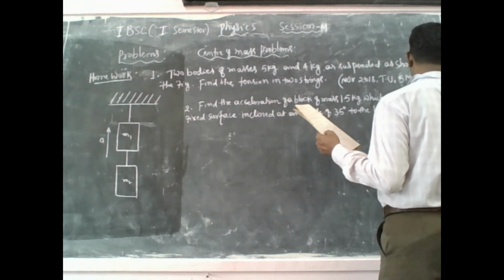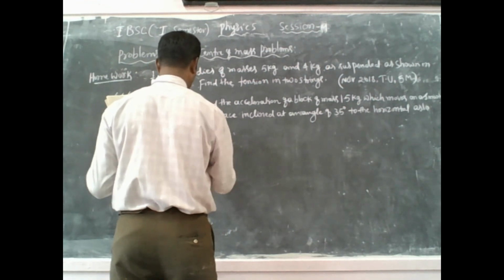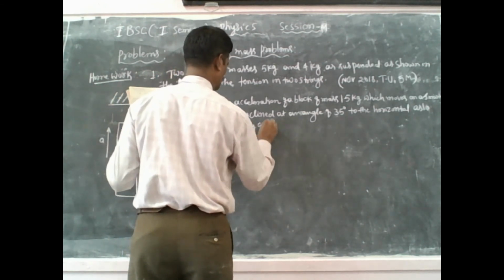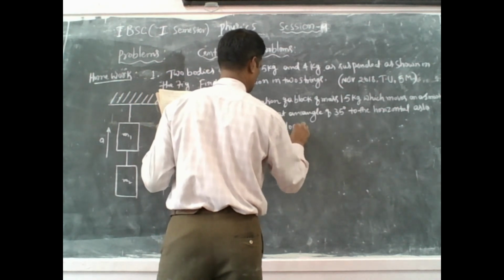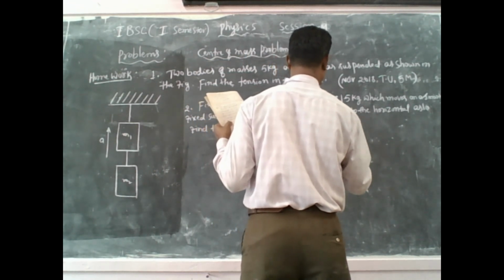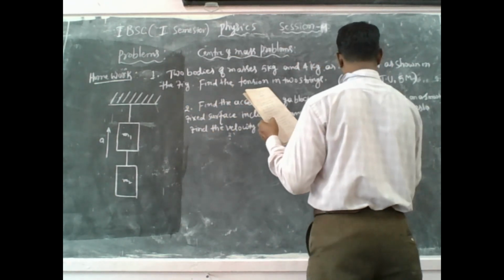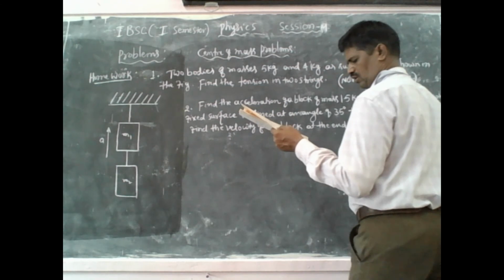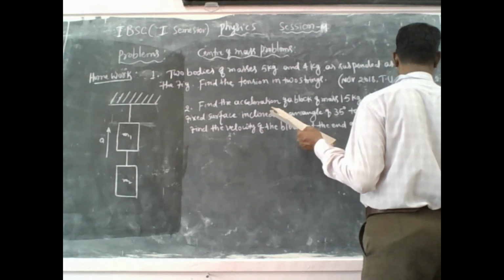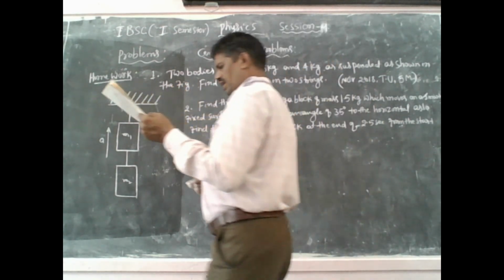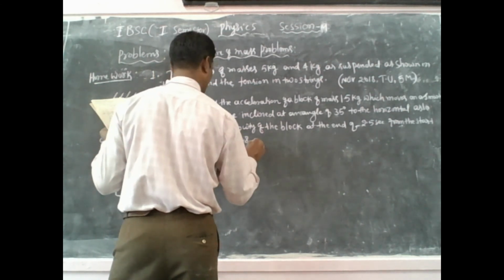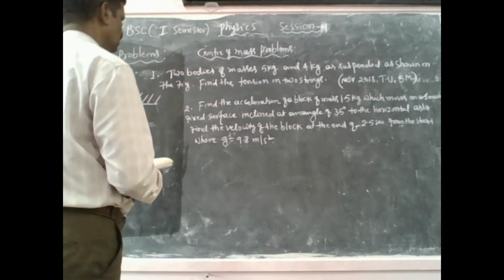Also find the velocity of the block at the end of 2.5 seconds from the start, where g is equal to 9.8 meter per second square, isn't it? So this is the second question.